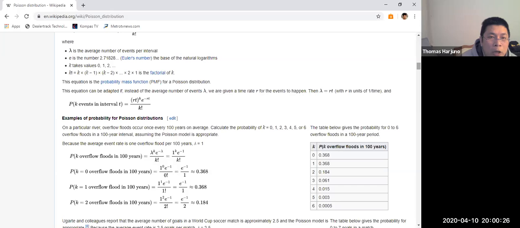Now on our screen here, we see an example on a particular river. Overflow floods occur once every 100 years on average. So you have a river, the flooding happens once in 100 years, so the average is 1 in 100 years.